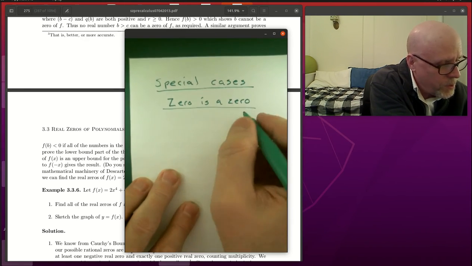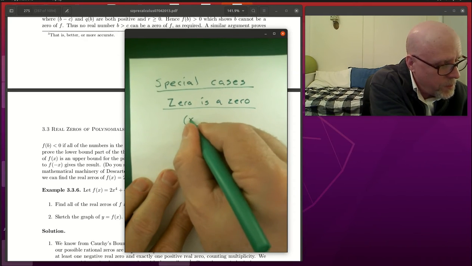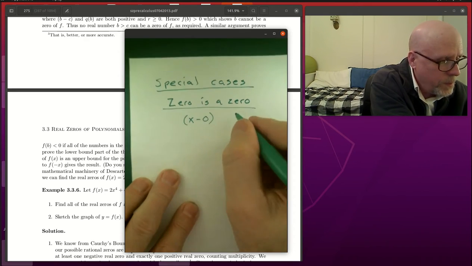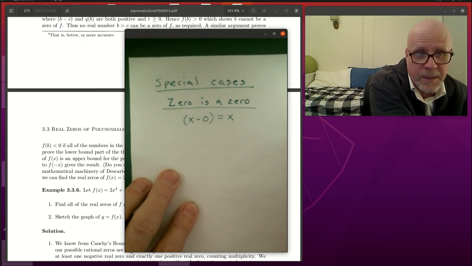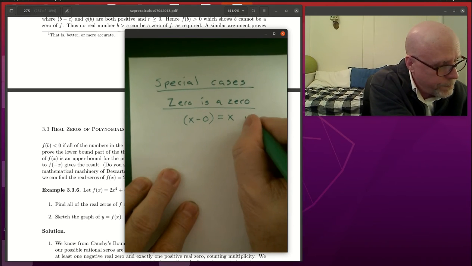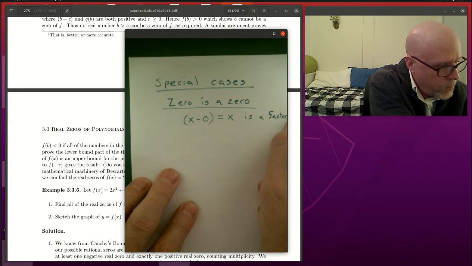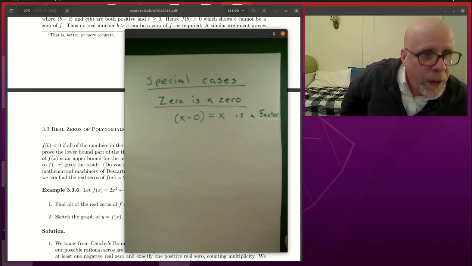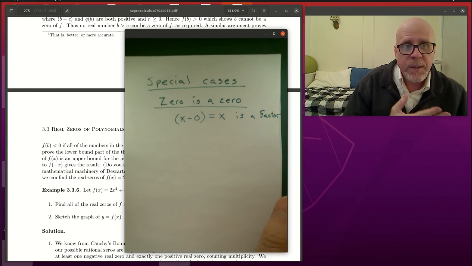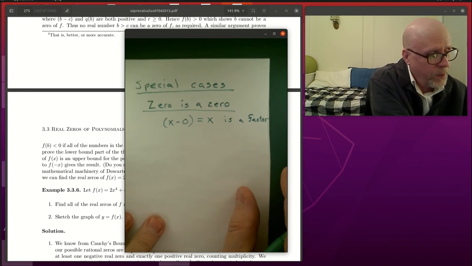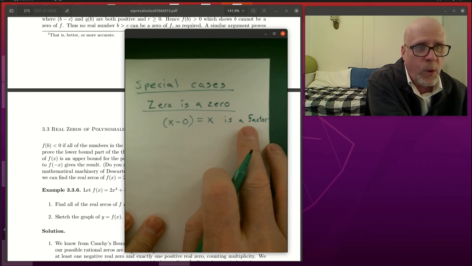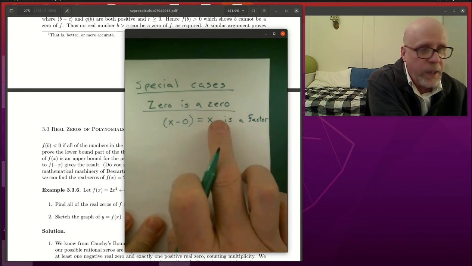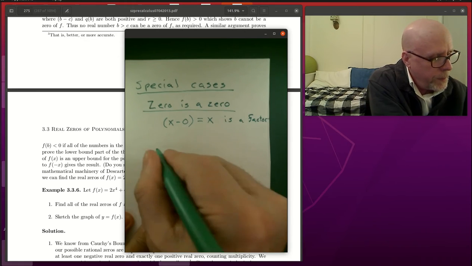Well, if 0 is a 0, that means x minus 0, which is just the same thing as x, that's a factor. So while I might have a polynomial of degree like 4 or 5 or 6, if it's got the right shape, you just go, well, there's a whole bunch of 0 factors or x factors that we can peel off.